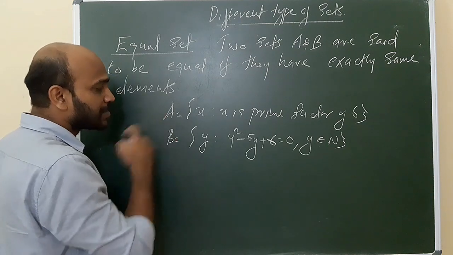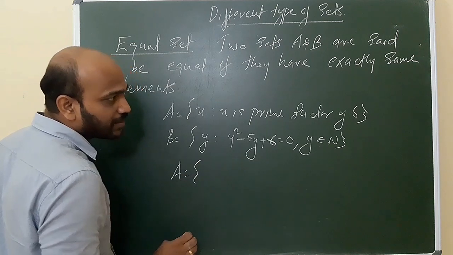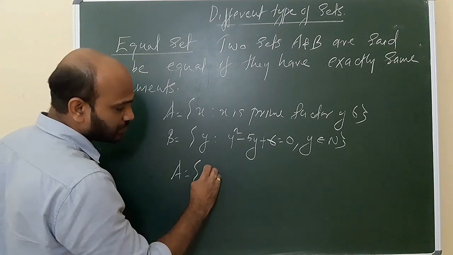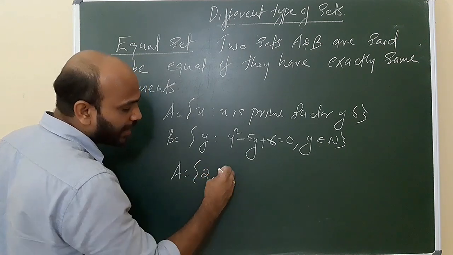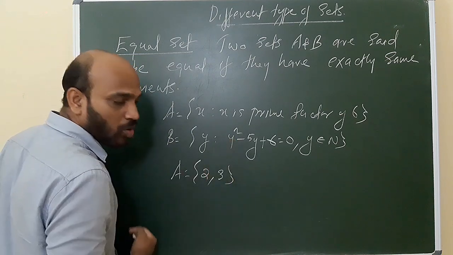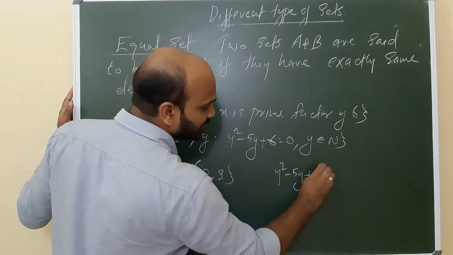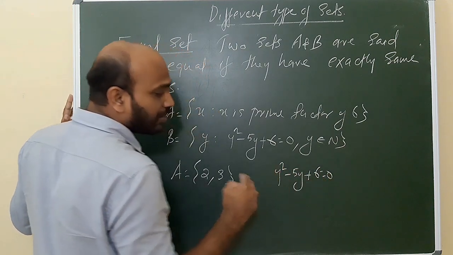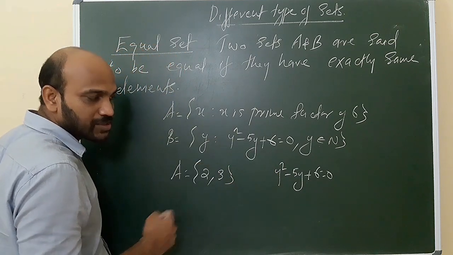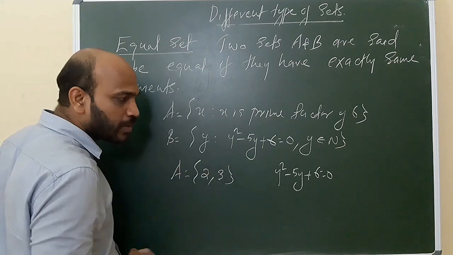First we can represent A in roster form. All prime factors of 6: so this is 2 and 3, right? Now in order to find B, you have to solve this quadratic equation, y square minus 5y plus 6 equal to 0. You have to find two numbers with product equal to 6 and sum equal to minus 5. The numbers are minus 2 and minus 3.